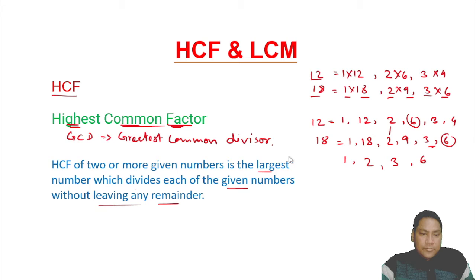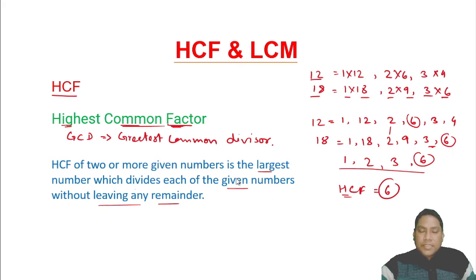The highest common factor between 12 and 18 is 6. So the HCF will be 6. So 6 is the number which divides both 12 and 18. This is the highest such number, so the HCF will be 6.